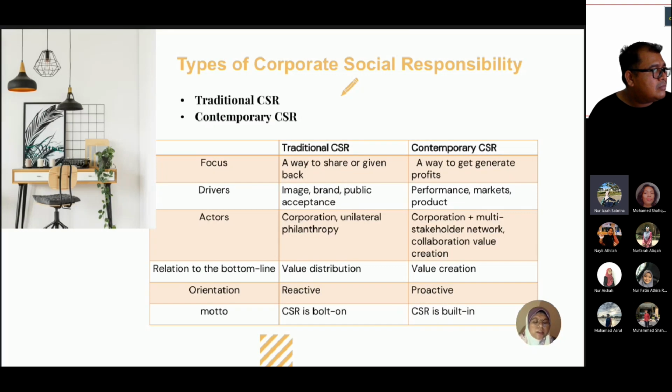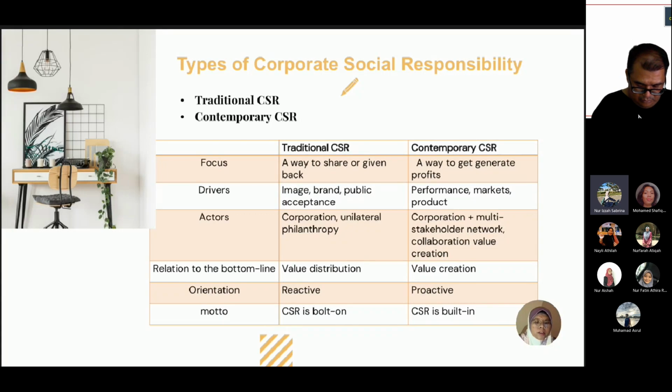Okay, for traditional CSR, in terms of relation to the bottom line, it is value distribution. For contemporary CSR, in terms of relation to the bottom line, it is value creation. Next is traditional CSR.